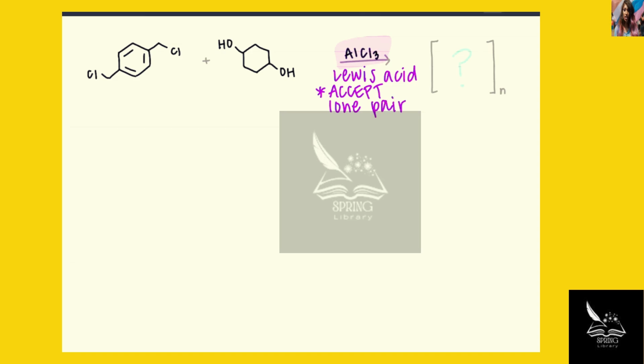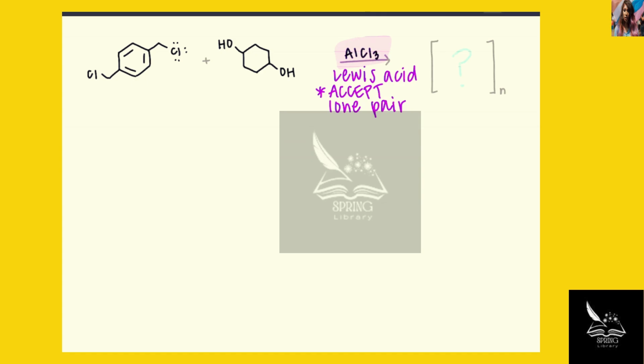And the reason they accept this lone pair is because aluminum in this compound doesn't have an octet, and it wants that octet. So it only has 3 bonds to it from that chlorine, so it wants another set of electrons. So what is going to happen here is the aluminum is actually going to accept a pair of lone electrons from this chlorine atom right here.